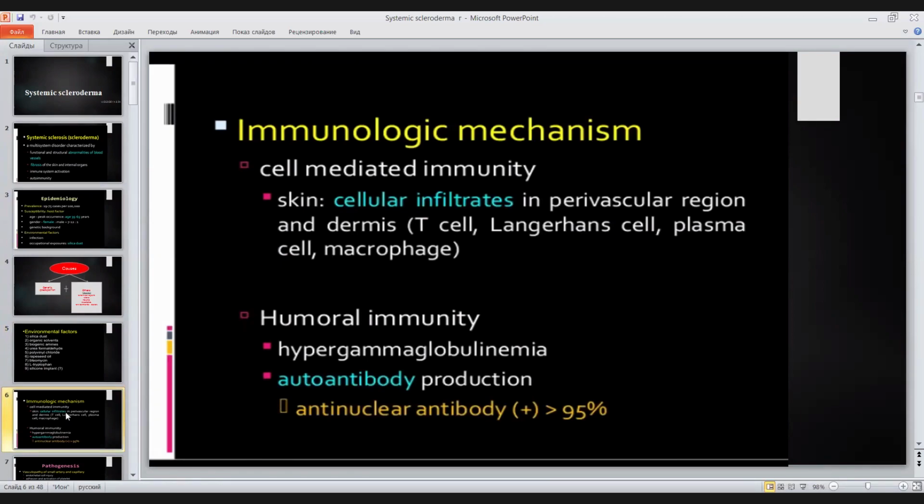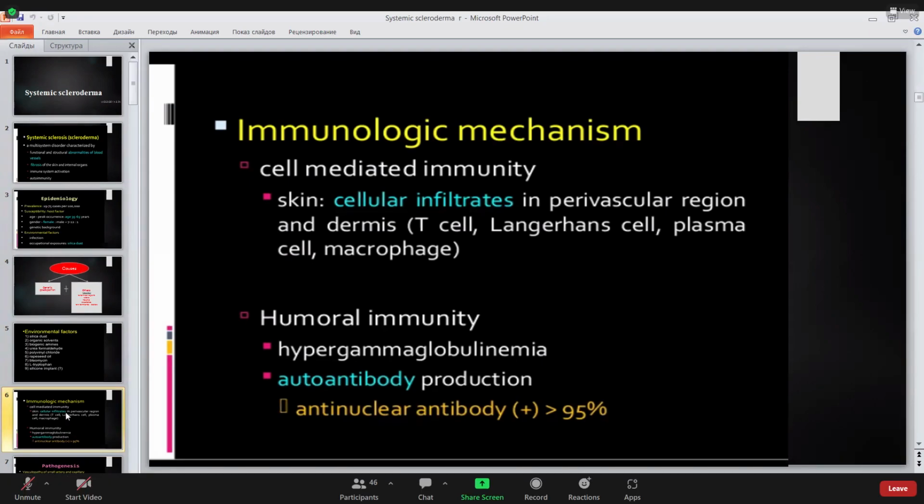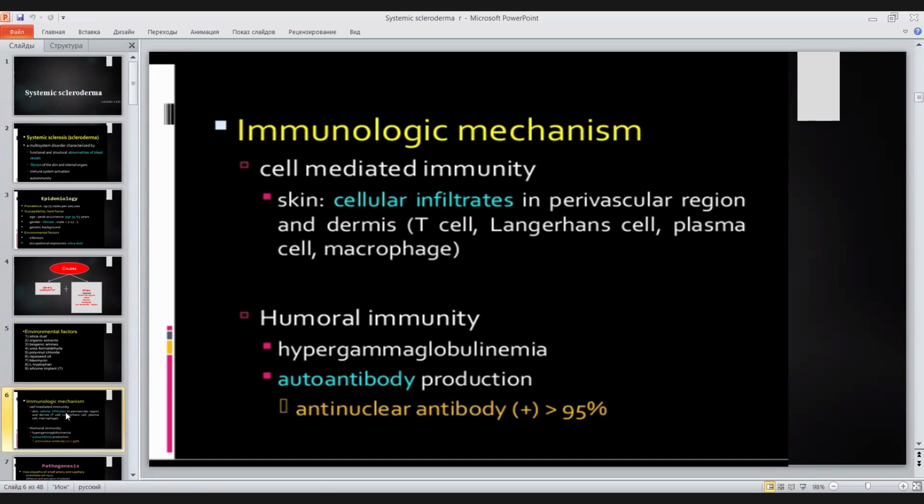They will activate, as usual, T cells, Langerhans cells, macrophages, but you should understand that the target of these inflammatory cells, which want to protect something or start an inflammatory process in some specific place, will be small vessels and arterioles.